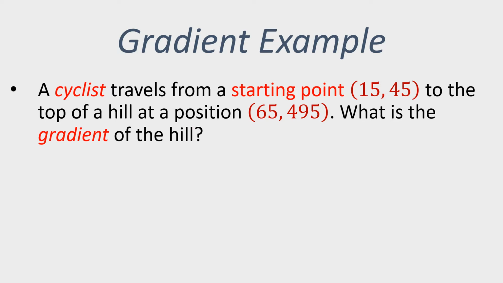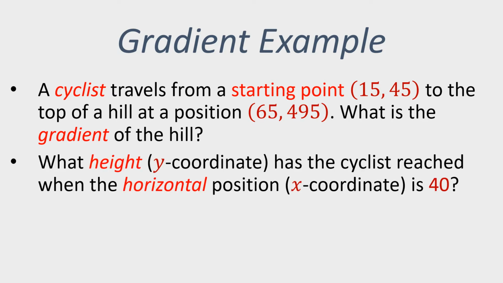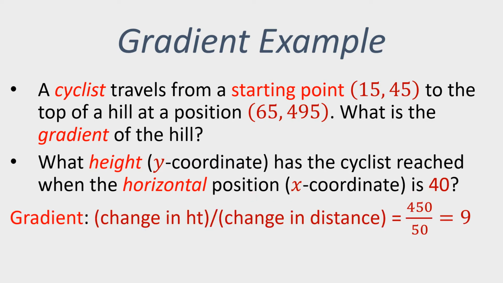And you're asked what's the gradient of the hill. The sort of question you might see is at what height have they reached after they've traveled a particular horizontal distance. So the gradient is a measure of how the height changes relative to how the distance has changed.